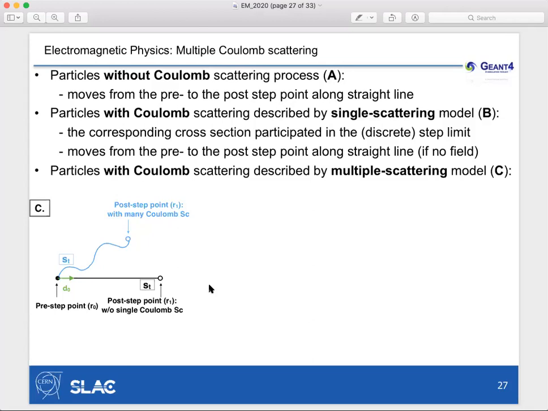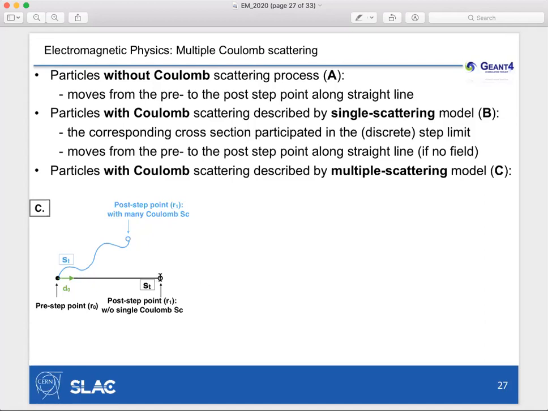So the virtual post-step point that the particle goes to when we use multiple Coulomb scattering is much further, before the multiple Coulomb scattering gives its answer.